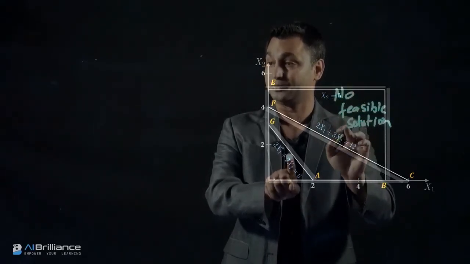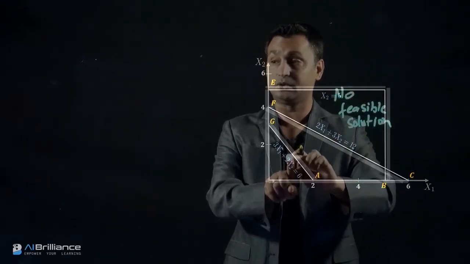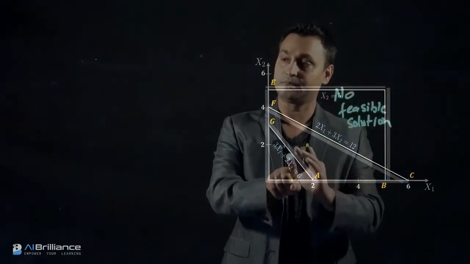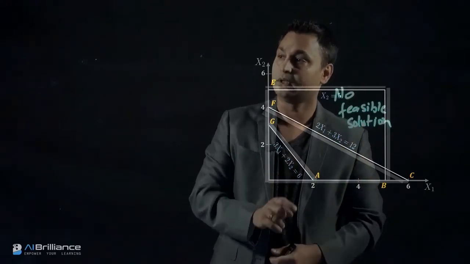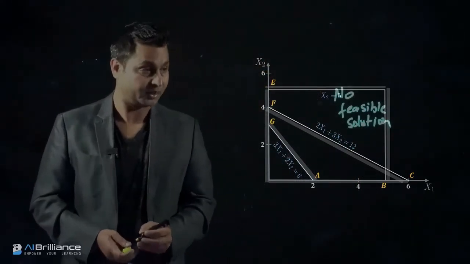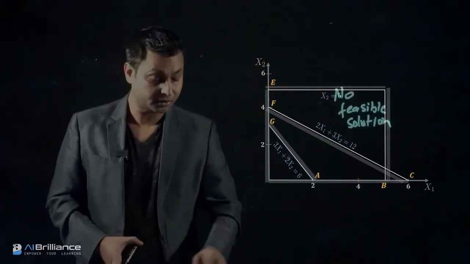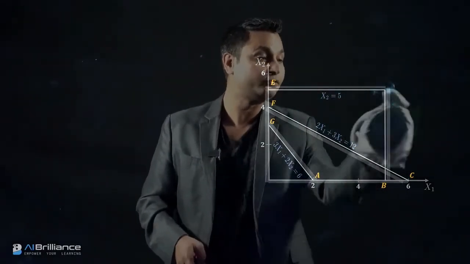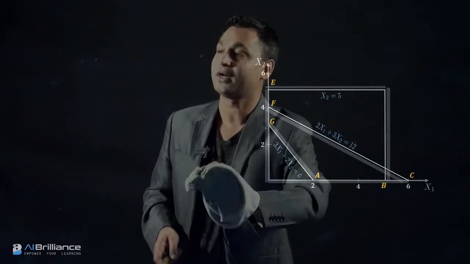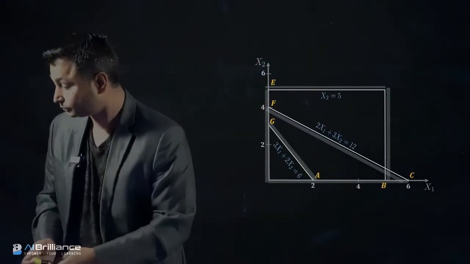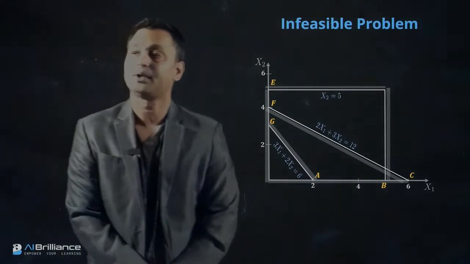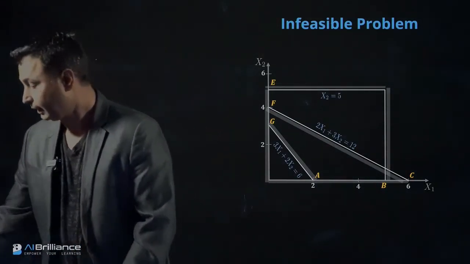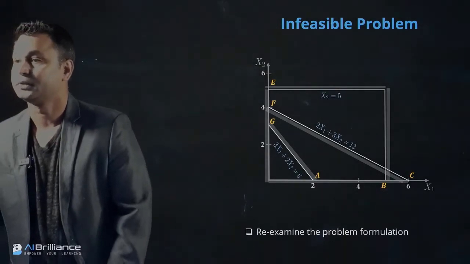But because you have G2 and G1 is saying that anything above this is infeasible, that is making the whole feasible space essentially a null space, or there is no solution in that space itself, right? So this problem essentially falls into that category where you do not have any feasible solution and there is no feasible region at all, and you cannot find any feasible solution to this problem. And this class of problems is known as an infeasible optimization problem, right? And that's what will be the first category.